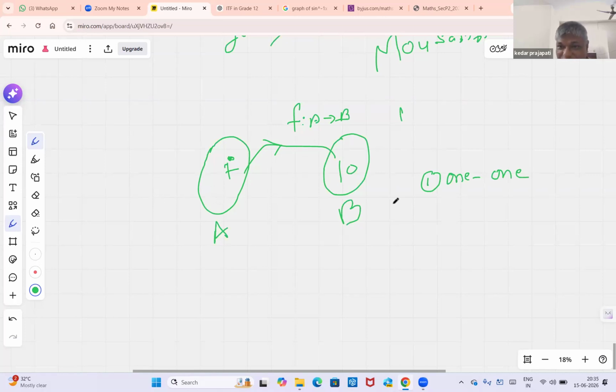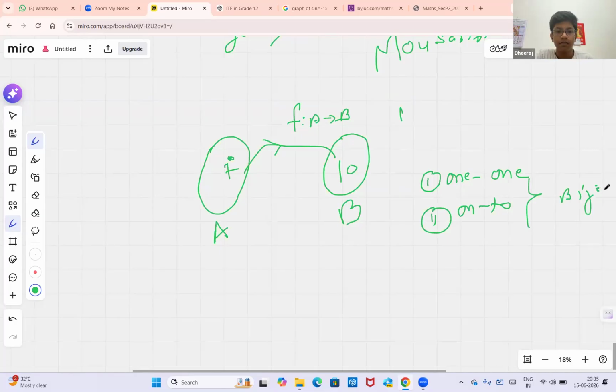So this is one-one, and this is onto also. You call these relations bijective, correct? So if f is a function from A to B, it means it should be one-one and onto.